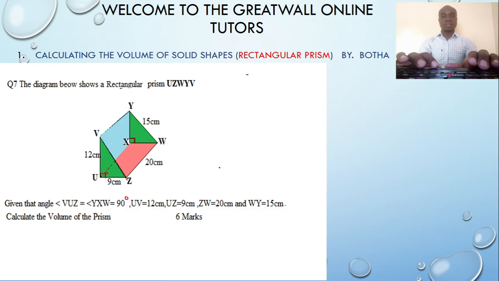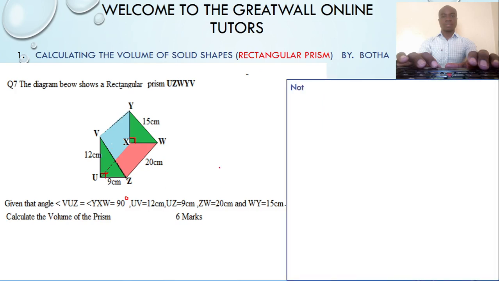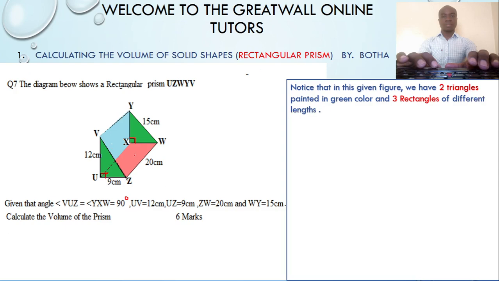To do so, let us take note. We can see from the figure that we've been given, we have two triangles which are painted in green color, right? That's this one and this one. Now we also have three rectangles of different lengths.